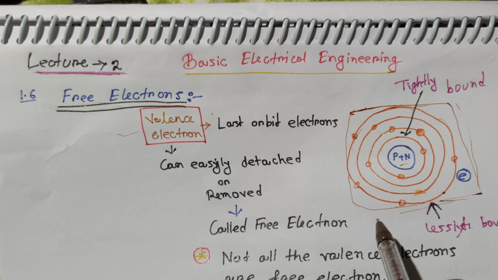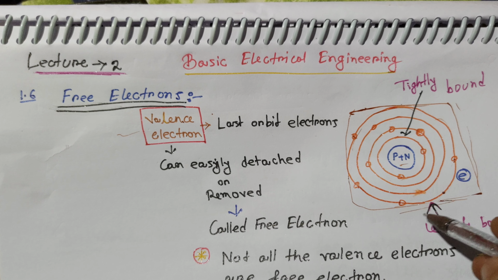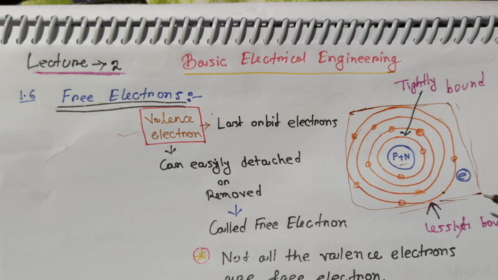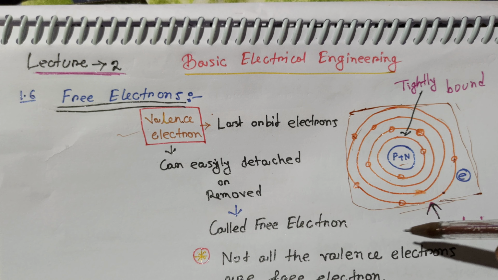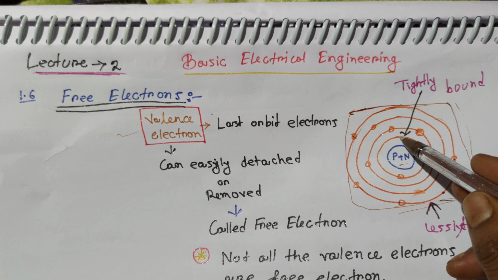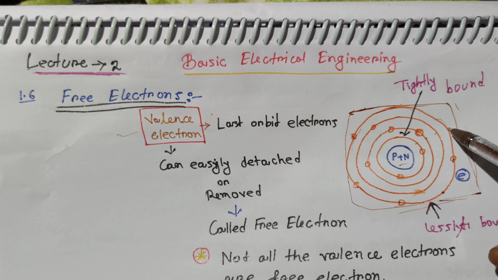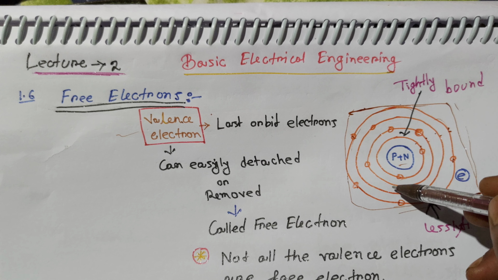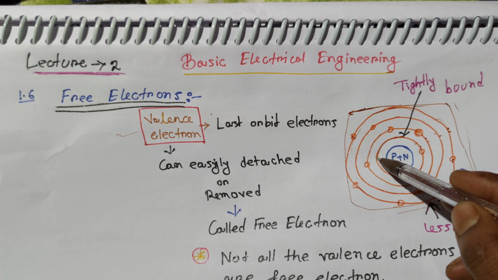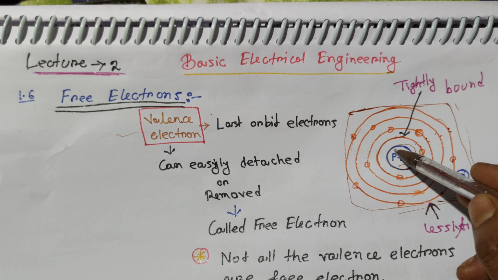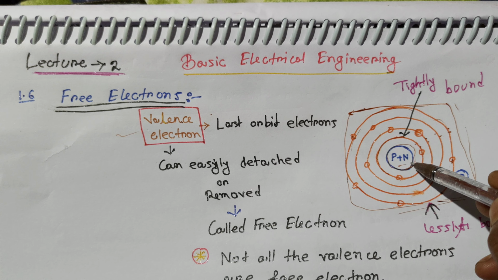These valence electrons can easily be removed or detached from the atom, because of the nature of the atom. Look here, this atom has 1, 2, 3, 4 orbits, and every orbit has electrons. This is the nucleus part where proton and neutron are there.